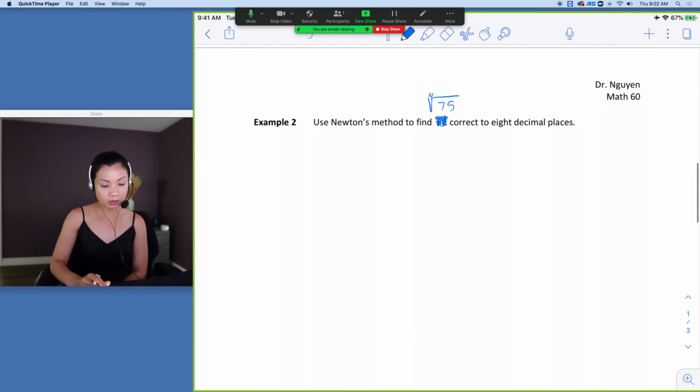The next problem: use Newton's method to find the fourth root of 75, correct to 8 decimal places. First, I need to pick an x1. Let's rewrite the function.